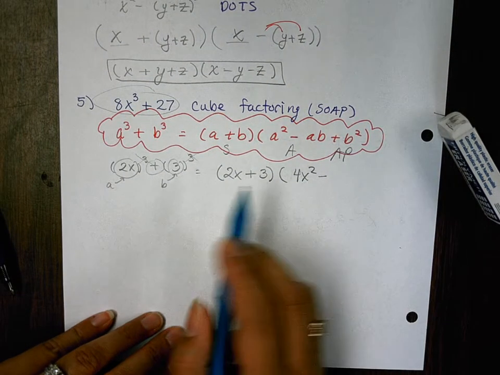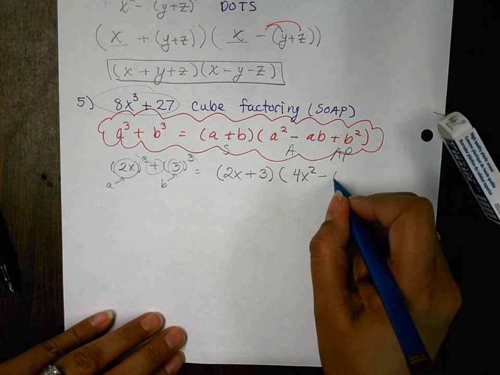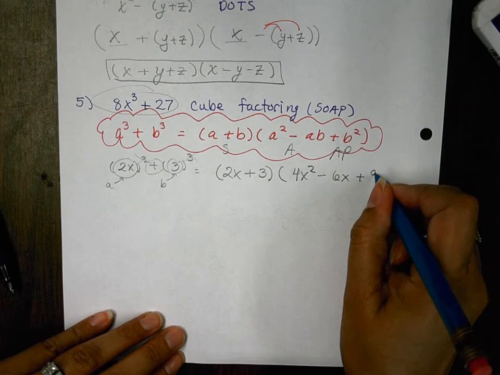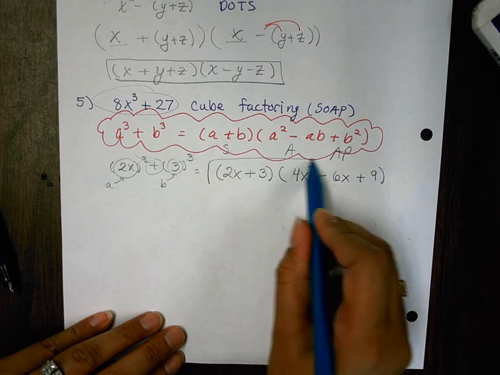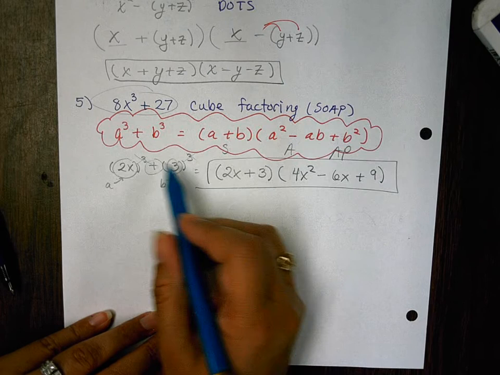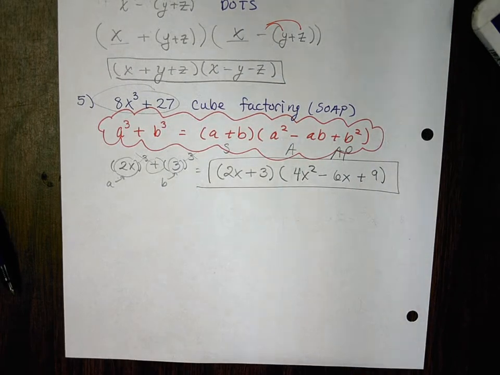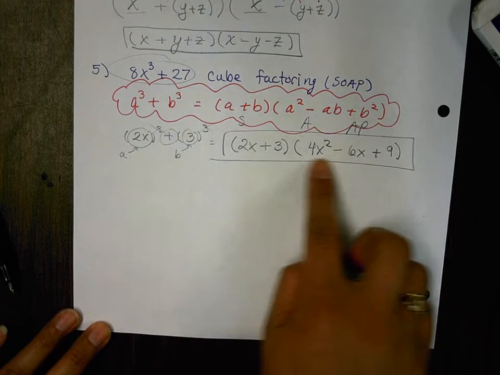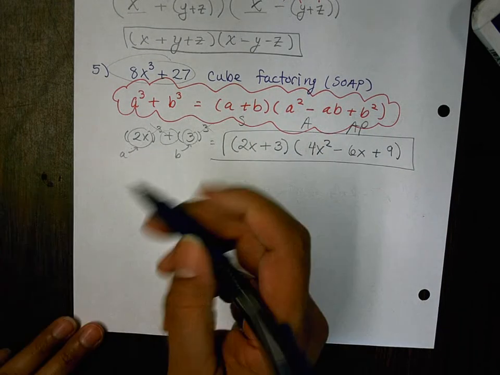Opposite, the product of 2x and 3 is 6x. Always positive, b squared is 9, and that there is your final answer. This last piece should not be factorable if this original piece was taken care of with GCFs. If you did all your GCFing in the beginning, that last trinomial should not be factorable.